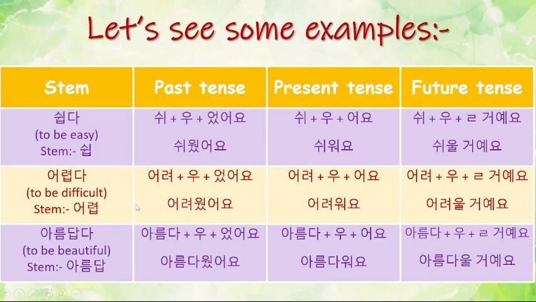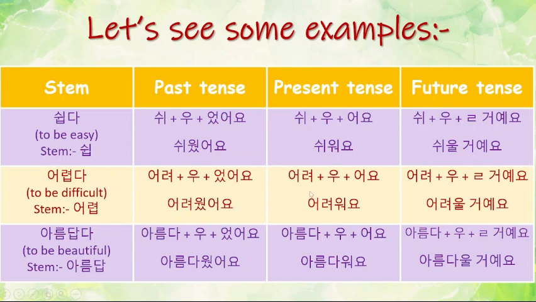So let's conjugate them quickly. Next is 어렵다, which means to be difficult. Here the stem is 어렵. It ends in Piep. So Piep irregular will be applied and according to that Piep will get removed and what will come? U. So the final word in past tense will be 어려웠어요.